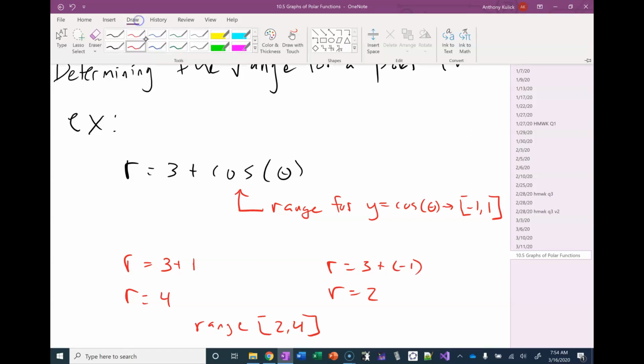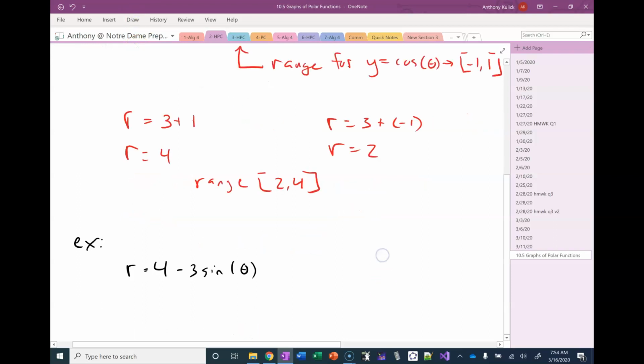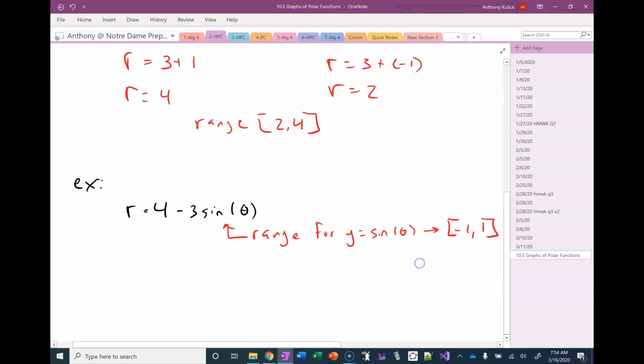That would tell me that the range is the minimum value of those two numbers, comma, the maximum value. Let's do another example with another polar function, just to make sure we have it. What if we have r is equal to 4 minus 3 times sine theta? Again, the key here is remembering what the range for sine theta is, and again, that's just -1 to +1.